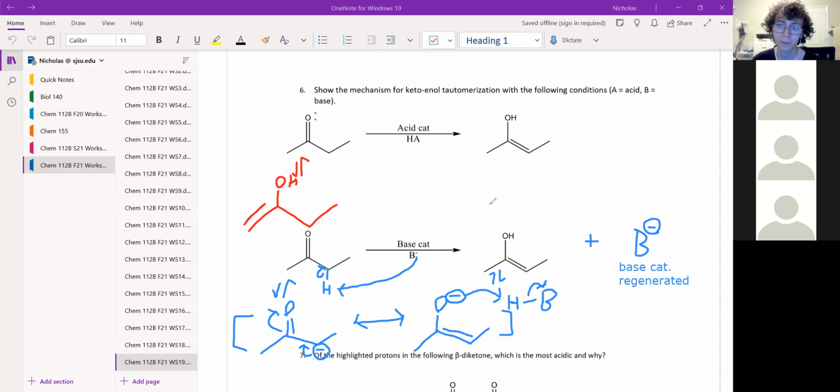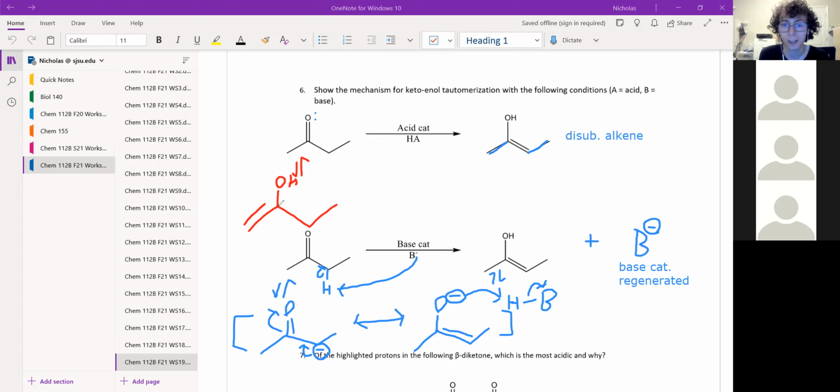And why would that be the case? This is something we can rationalize. Yeah, the one I drew is more substituted, so it's a more stable alkene. Because the alkene is what you're looking at. The alcohol is the same in both of them. On the one I drew, it's a disubstituted alkene because it has those two carbons I highlighted in blue attached.